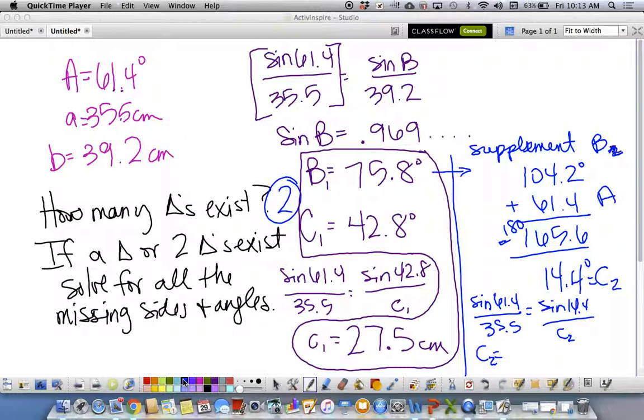We're finished solving for the second one. I circled triangle number 1. I'm going to finish solving for triangle number 2, then I will circle all of them. So I'm doing 35.5 sine 14.4.